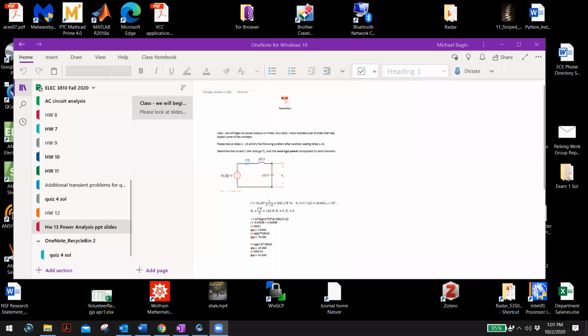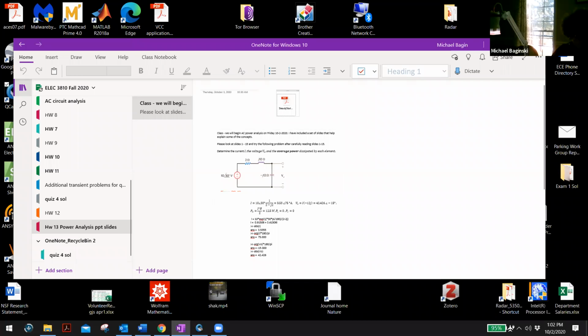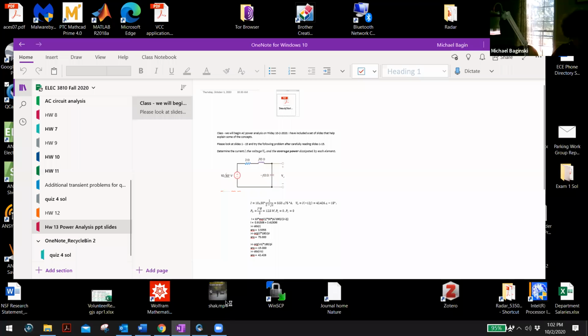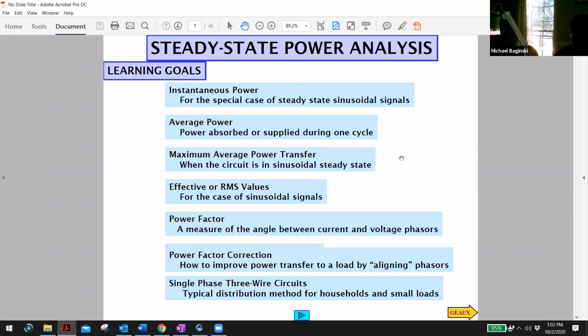You should be seeing a shared screen right now, hopefully. Can you all see a shared screen right now? Yes, I can. Okay. The PowerPoint should have come up, but it didn't. I'll just open this. This is a PDF. Can you all see this, class? I assume you can. And if you can't, please let me know.